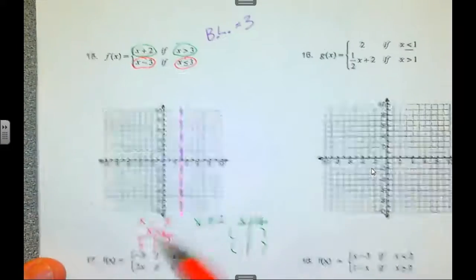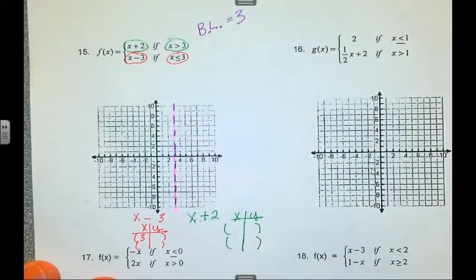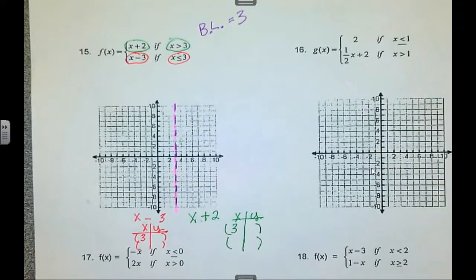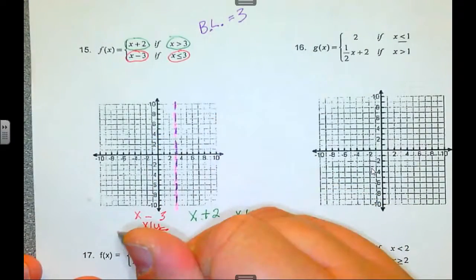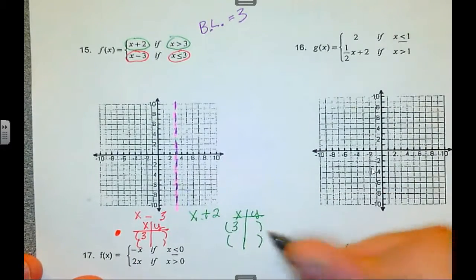For my first x, I must use 3. The x less than or equal to 3 is my closed circle, and my other one's going to have the open circle.